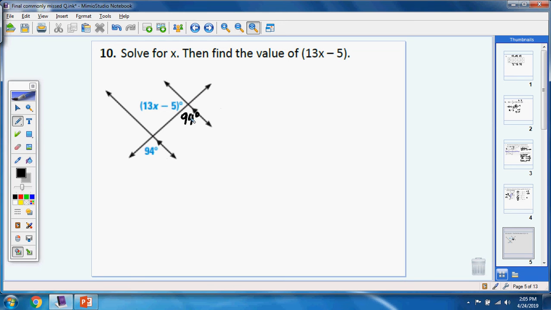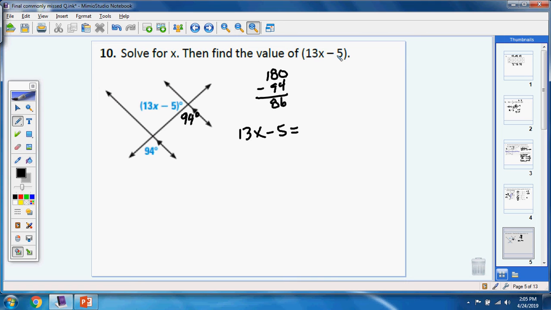So if this is 94, this would have to be the difference, which is really just 180 subtract 94. So that means this mini equation here is going to be equal to the difference. That's going to be a 6, so that gives me 100, so 86.